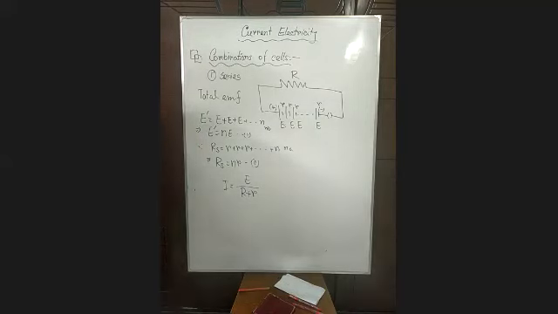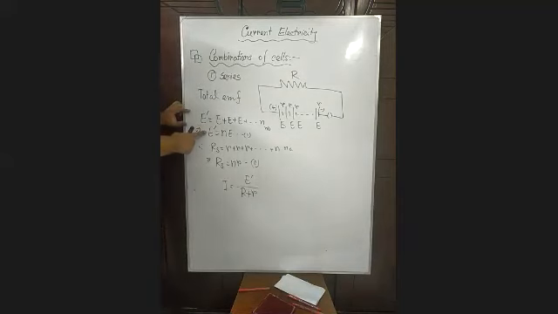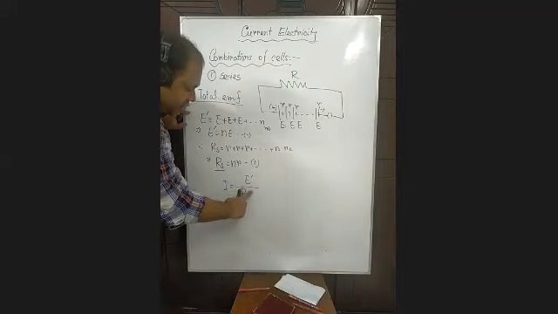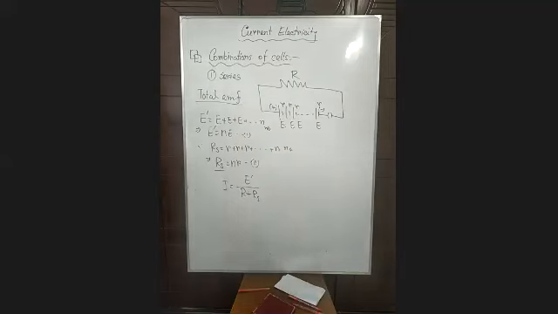So if I say for this, E becomes E bar, because I am giving the total EMF as E bar, and the internal resistance becomes Rs here. So the equation now becomes E bar by R plus Rs.